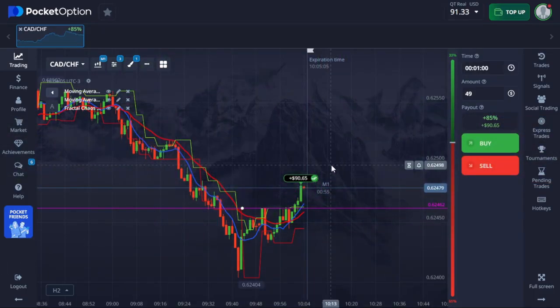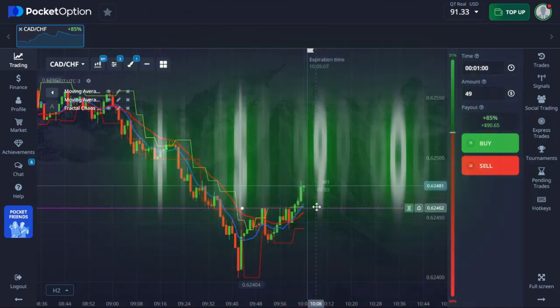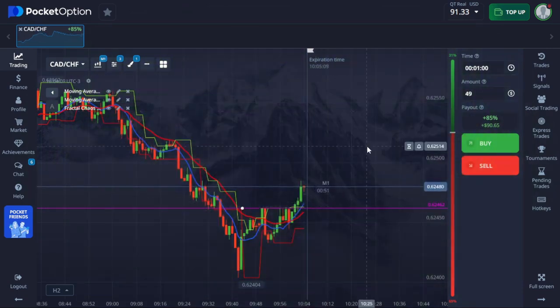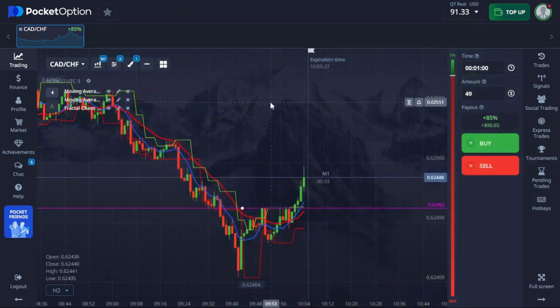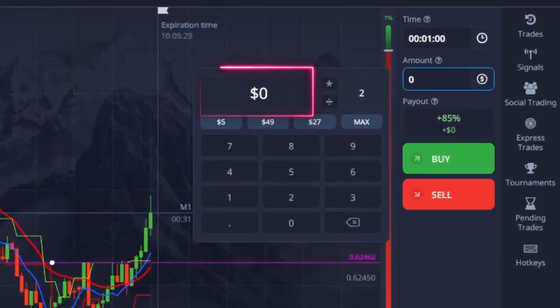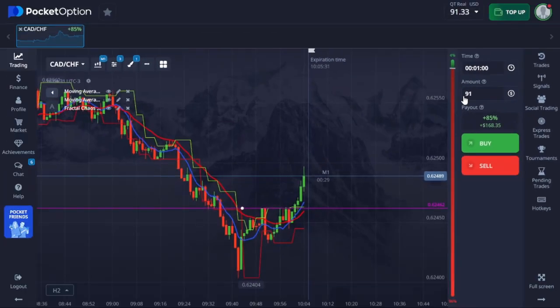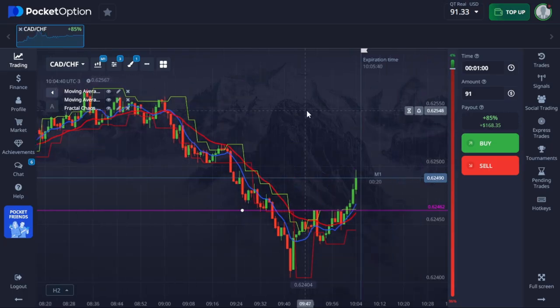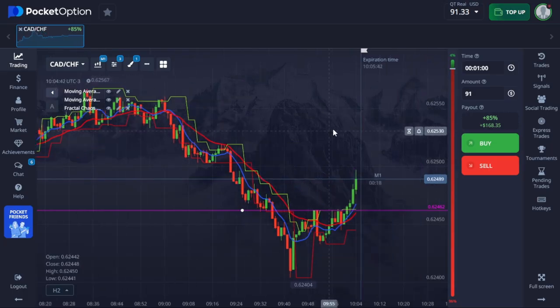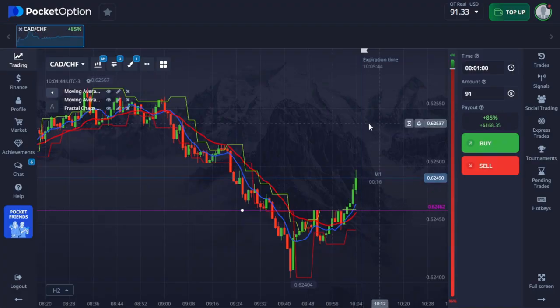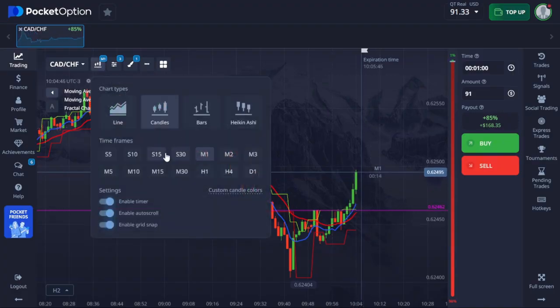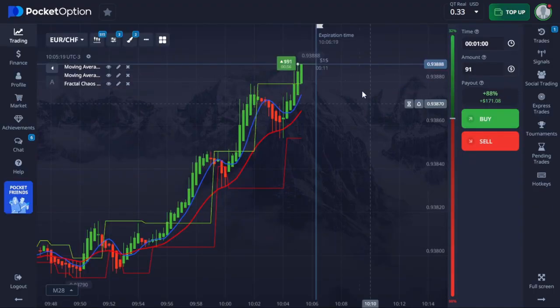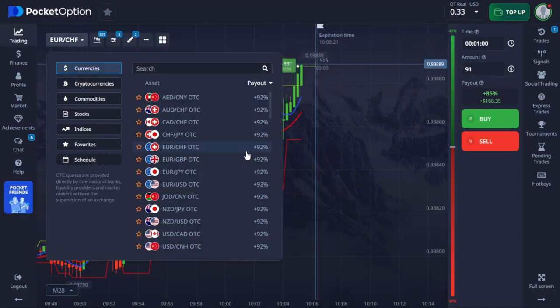And look at that, guys, $90 in total. We got this again. I want another one, and then find the next entry. We're going to use $91 for the next one. Let's wait for this, guys. Remember, trades need to happen before volatility increases.